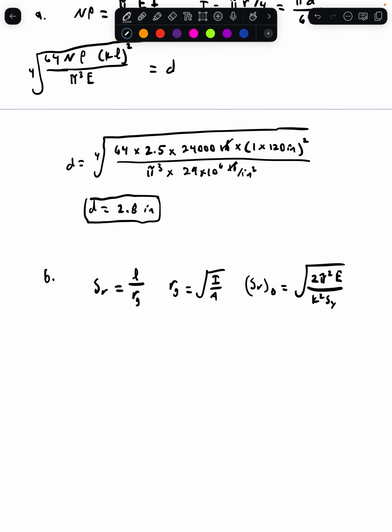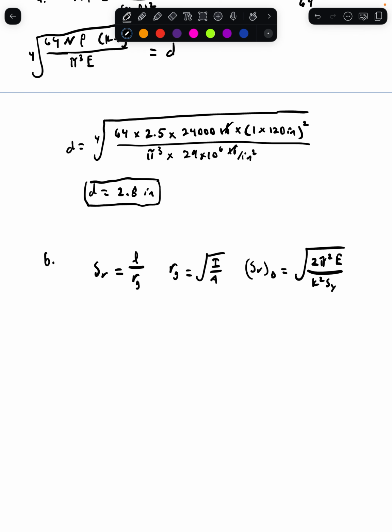So basically, we need to find whether our slenderness ratio is greater than our stress determination factor, and if it's greater, then yes, it's acceptable to use Euler buckling.